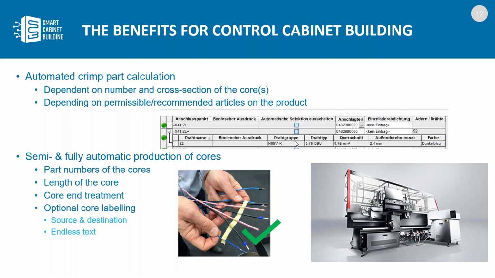So if you want to use this, you should have in your product data the list of possible crimp parts. The crimp part itself has to be defined with the inner and the outer diameter, so that we know which cross section it fits. And on the wires themselves, you also have to define the cross section, but this is state of the art.